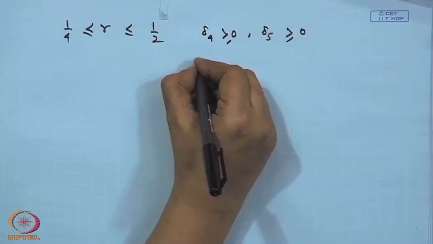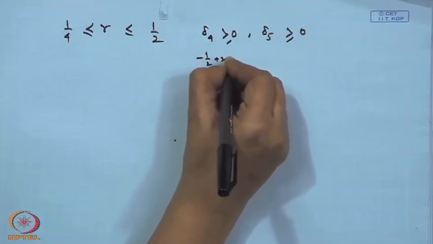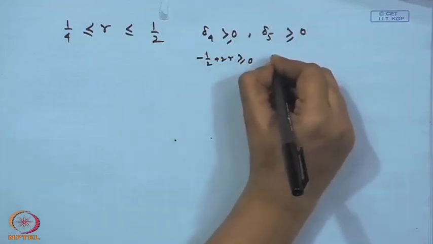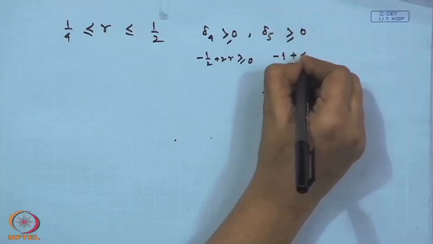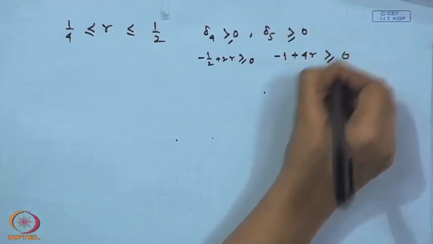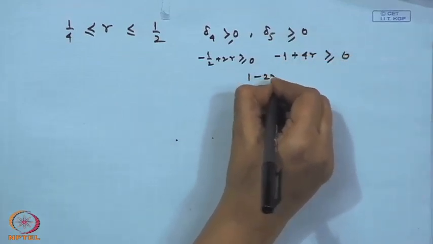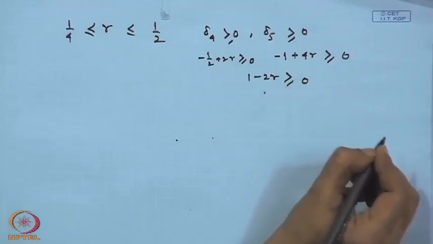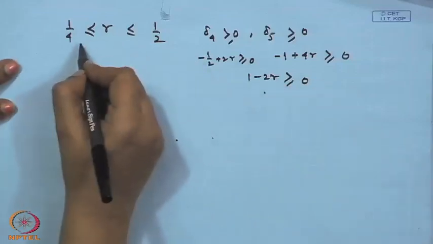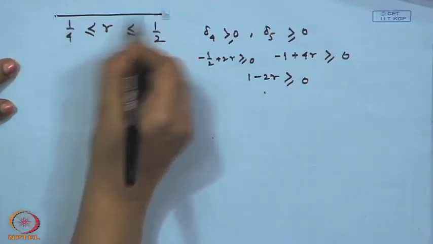That means delta 4 is minus half plus 2 r greater than or equal to 0, and here we are getting 1 plus 4 r greater than or equal to 0. Another condition, we can have 1 minus 2 r greater than or equal to 0, that is my delta 1.